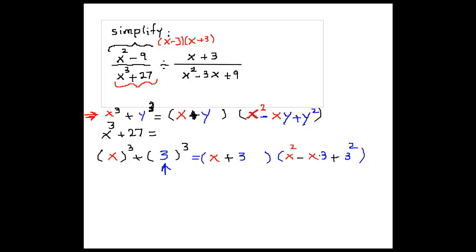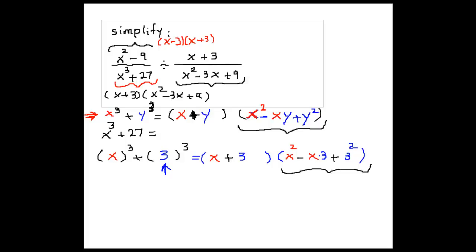So to factor this, we have x plus 3 times x squared minus 3x plus 9. That's how you factor it. And as you see, the second factor is never factorable. It's always prime. And looks like we have part of that here. So this obviously is prime.